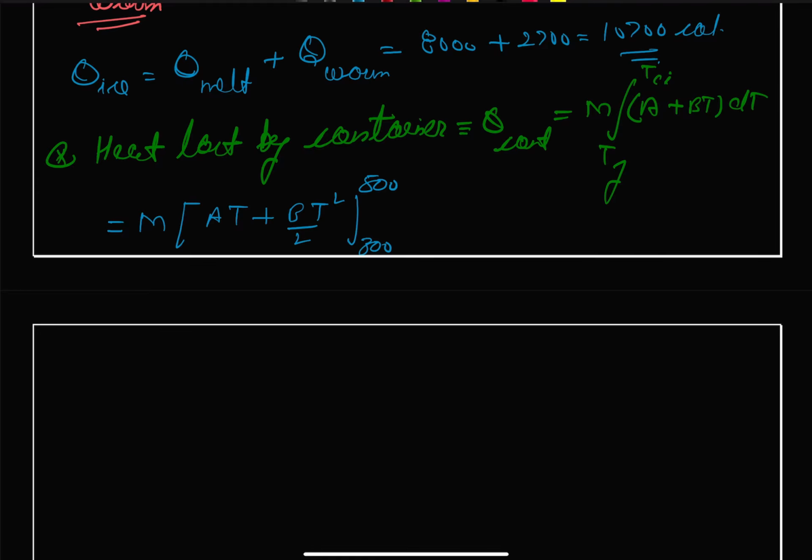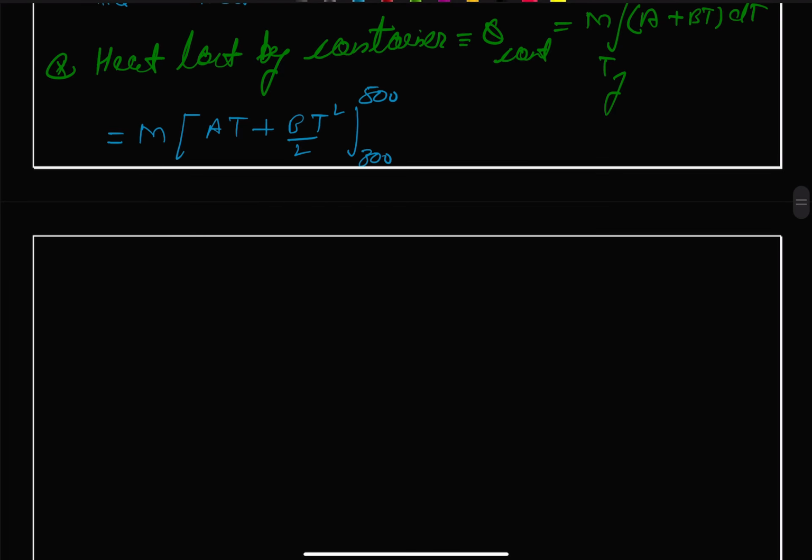If we substitute the values, which is quite easy, we have m, and this will be 500 minus 300, that will be A multiplied by 200, plus B by 2 and T square, that is 25 minus 9, that will be 16.